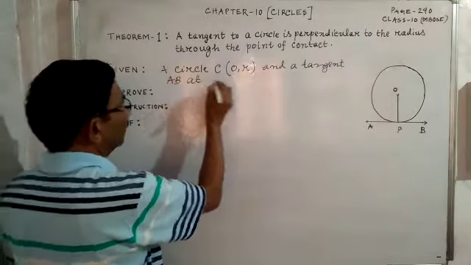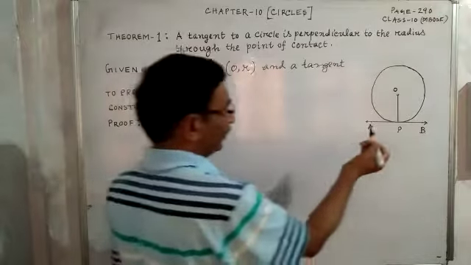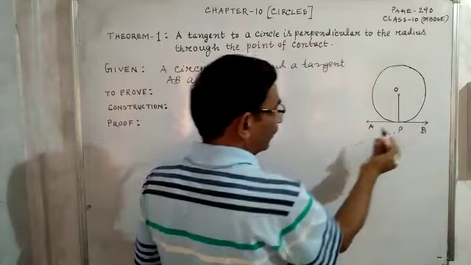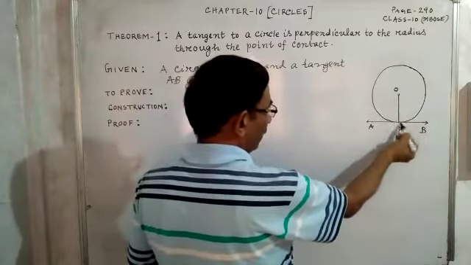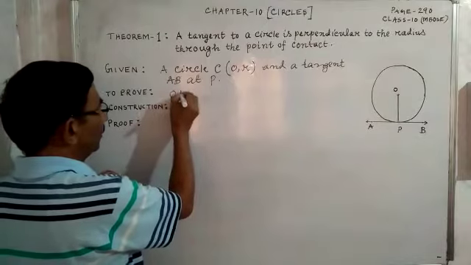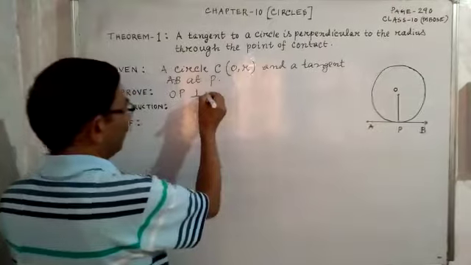Then what we have to prove? We have to prove that this radius and this tangent are perpendicular. So we can write, to prove: OP is perpendicular to AB.